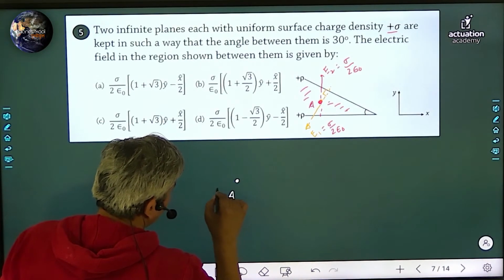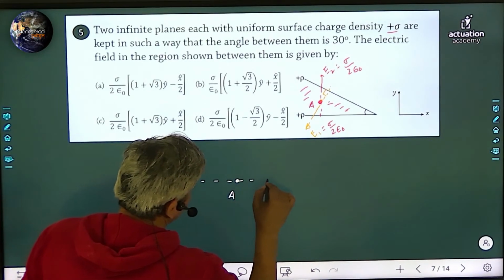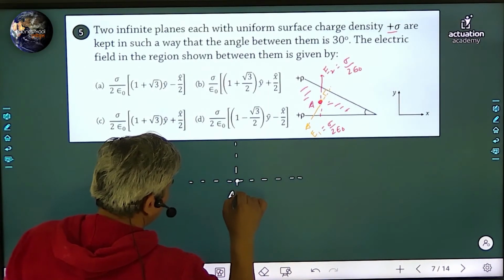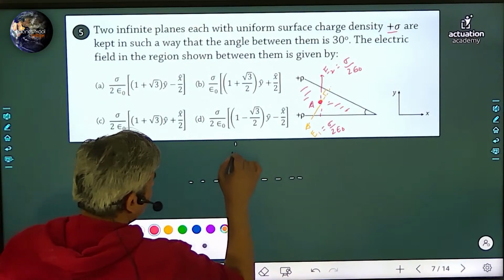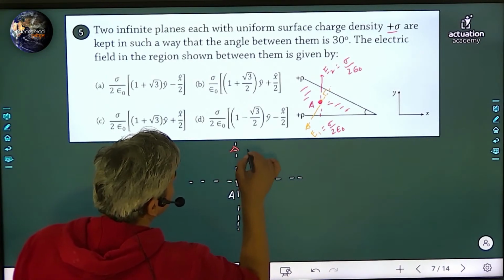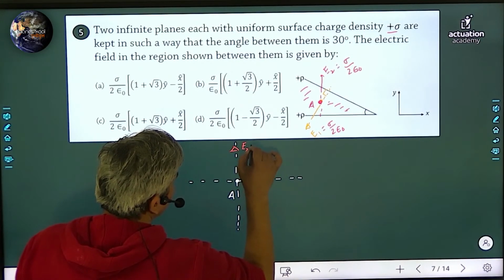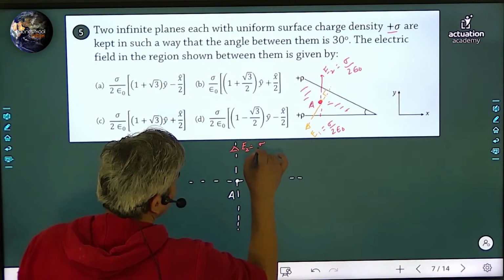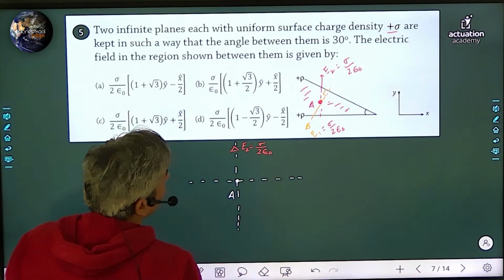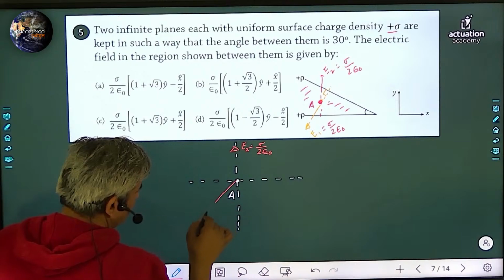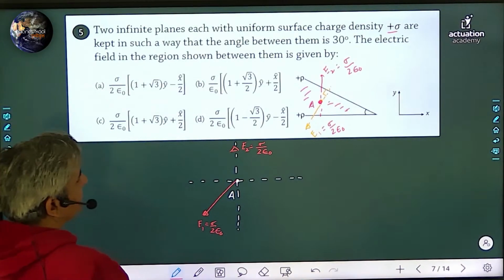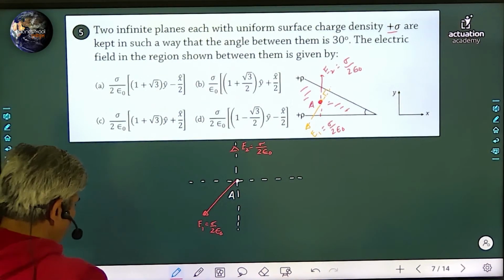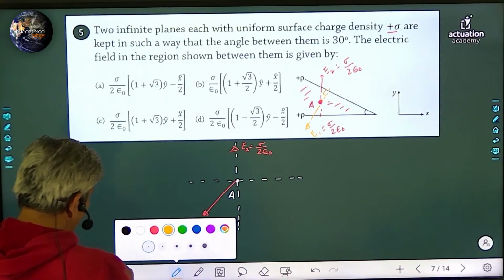This is A, and this is the direction of E2, which is sigma by 2 epsilon naught, and this is the direction of E1, which is again sigma by 2 epsilon. Okay. Now we can find out the components.